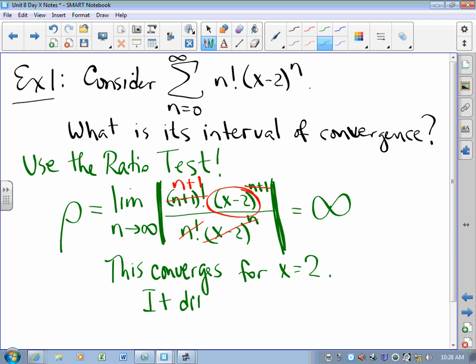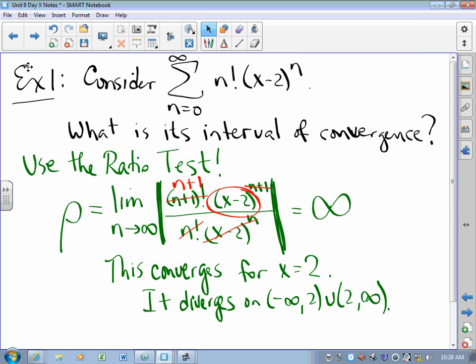It diverges everywhere else. That's the name of the game. So whenever you see interval of convergence, you are saying ratio test, find rho, see what will allow rho to be less than 1, go.